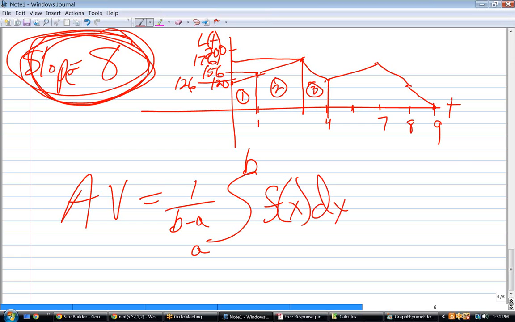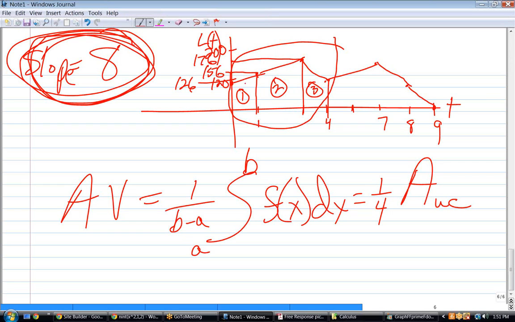So if I want the average number of people between 0 and 4 hours, I'm going to find the area under the curve and divide it by b minus a, and b minus a is 4. So it's 1/4 of the area under the curve.